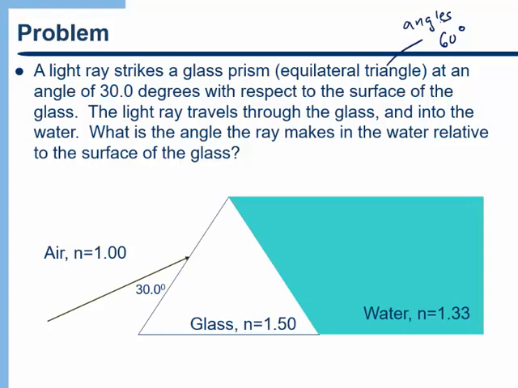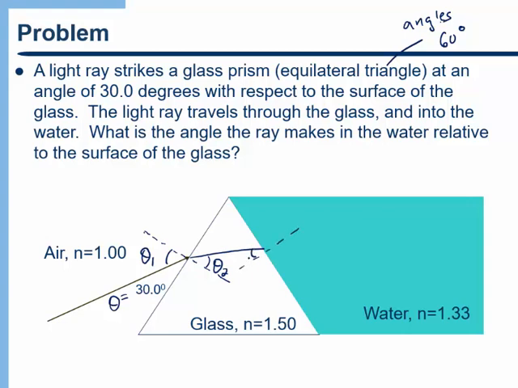Let me first just do the diagram with you just to kind of get you started. Here's the normal. And I'll just tell you how I'm going to label things. I'm going to call 30 degrees theta. I'm going to call this angle theta 1. I'm going to call this angle theta 2. Here I have another refraction.